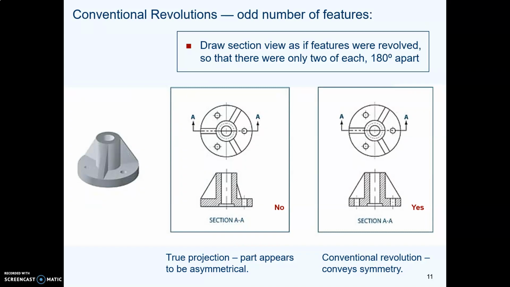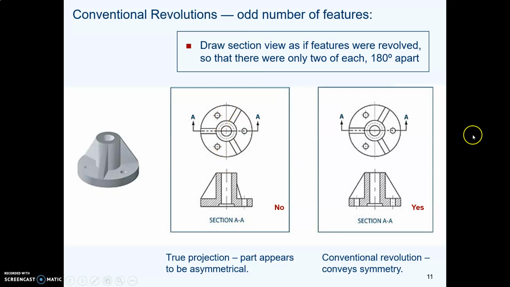Now, when you have an odd number of things, an odd number of features, you use that good old conventional revolution rule that we've seen before. Do you remember when we looked at polar dimensioning and holes on bolt circles, and we said if there were an odd number of holes, you show the side view as if there were only two of them 180 degrees apart.